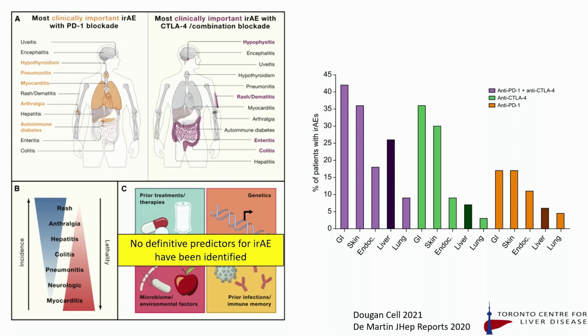from cancer clinical trials. These are some combined data from phase 3 trials of combination therapy, anti-PD-1 and anti-CTLA-4 in purple, anti-CTLA-4 in green, and anti-PD-1 therapies in orange, just showing the reported incidence of various different organ-specific immune-related adverse events.